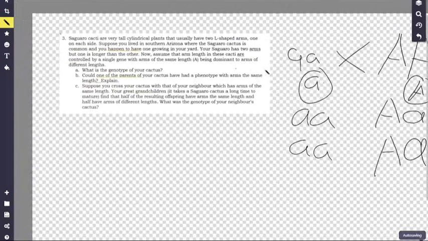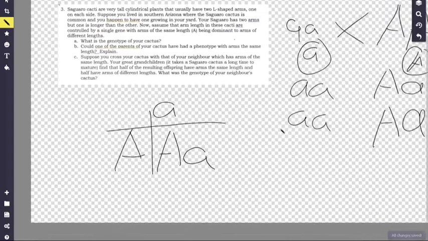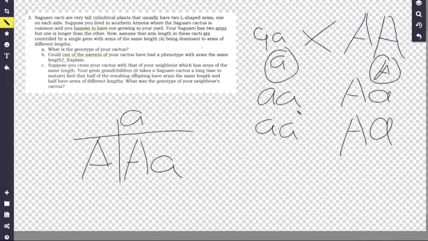So let's do a test cross and see what the chances are. So if the neighbor was fully homozygous, and what was that? It was arms of the same length. If it was homozygous with arms of the same length, then all of our children would have a 100% chance of being a carrier, which is basically arms of the same length.